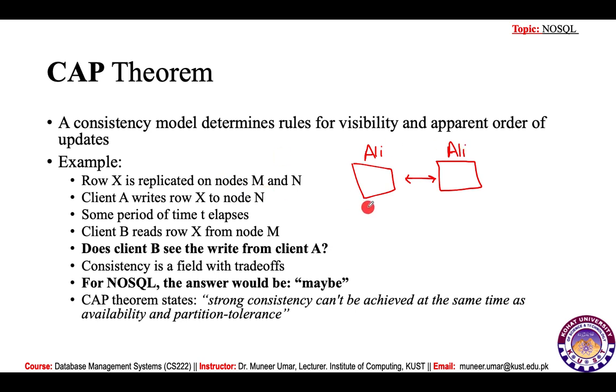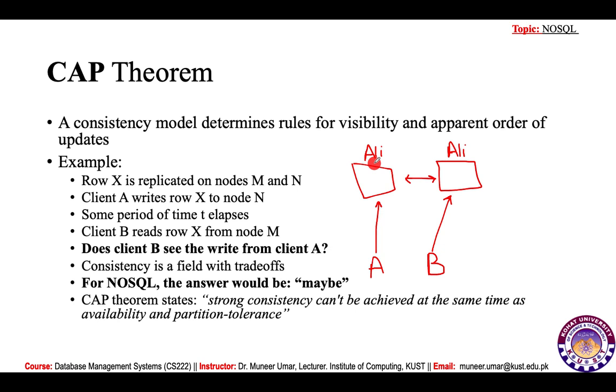Then two users, A and B, access this data on these two systems. Let's say A is accessing data on one system and B on another system. Both are accessing this item where name is equal to Ali.